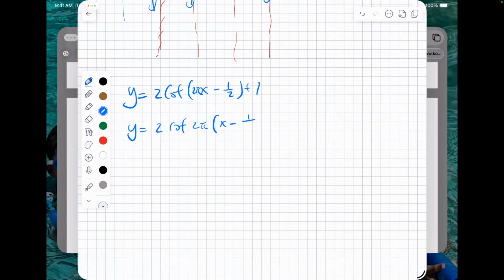So 1 over what? 4 pi, right? Actually, that's not good. Oh, this one is gonna be pi like this. Sorry. So if it is pi like this, it's gonna be 1/4. Is that okay?